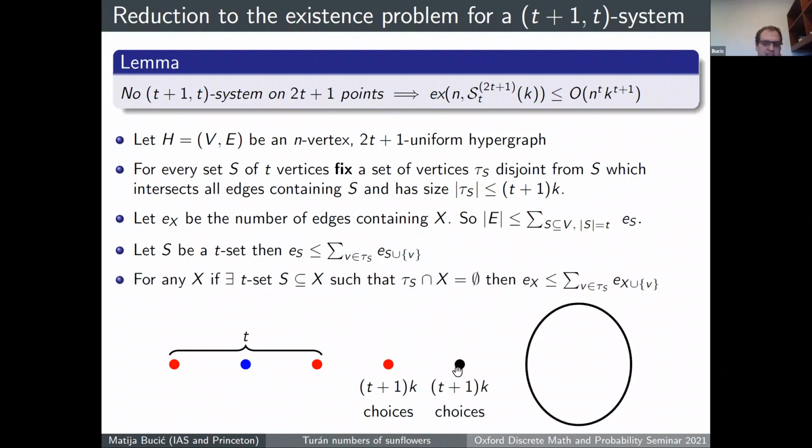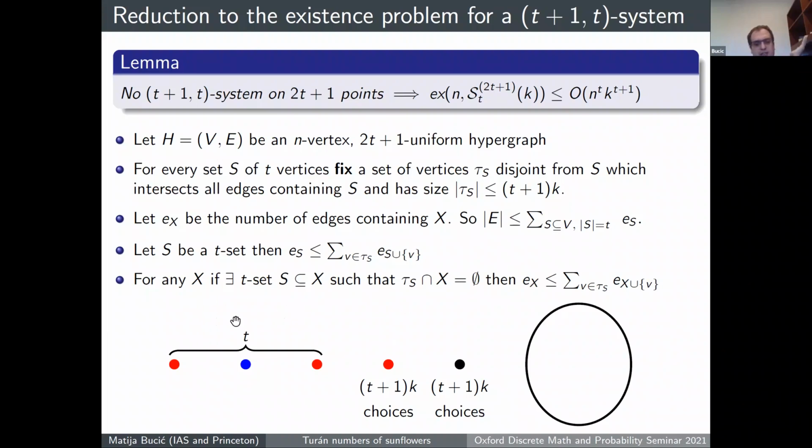So what this means is that we can do this once again. We can again go through all of the choices of t plus 1 times k vertices, which live in the cover of this red t element set. And this will reduce the problem of counting how many edges contain this t plus 1 element set to at most t plus 1 times k smaller problems, which count how many edges contain these t plus 2 element sets, obtained by adding each of these vertices of the cover to the t plus 1 element set.